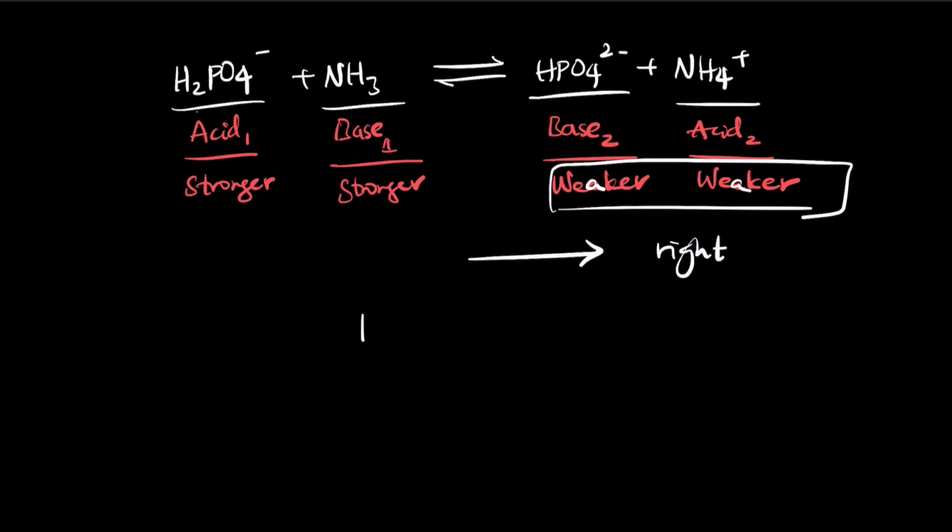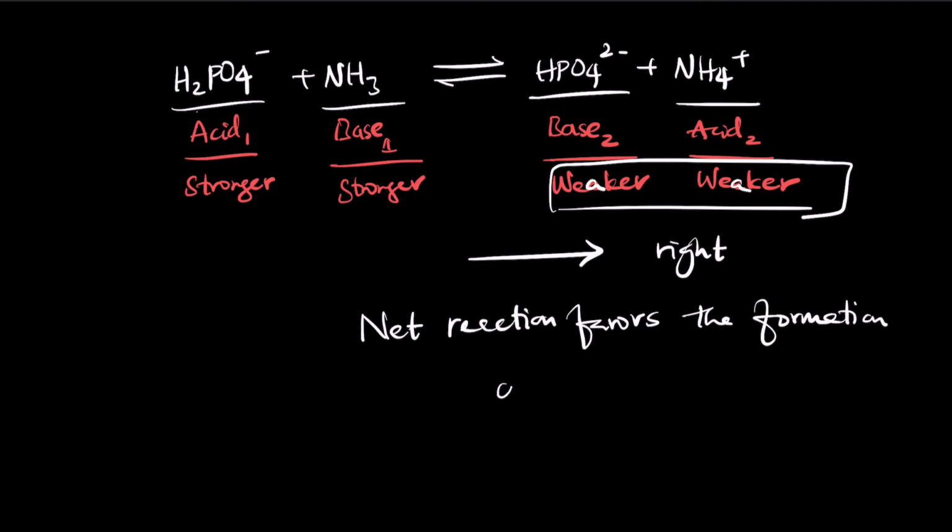So the net reaction favors the formation of products. Always remember, first write down the acid-base pairs and then compare the acids and compare the bases based on that table.